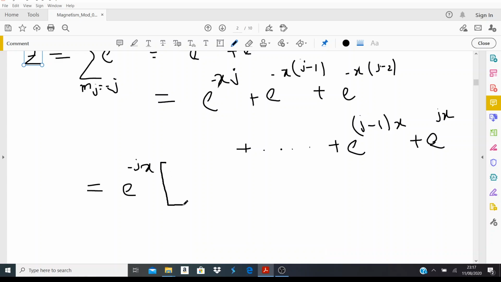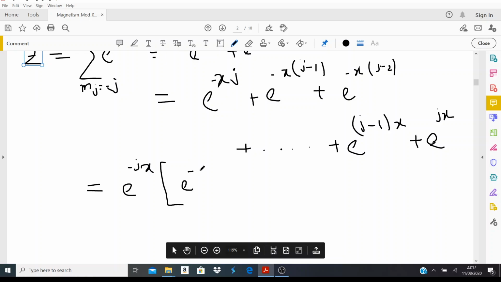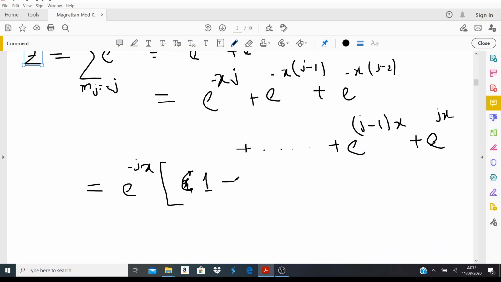That's the expression. And from this expression, I want to take a factor out, which is e to the power minus jx. If you take out this factor, you can see, so you have xj here, you have a minus xj here, you have a minus xj here, and that's why you are left with 1 plus e to the power x plus e to the power 2x, right?